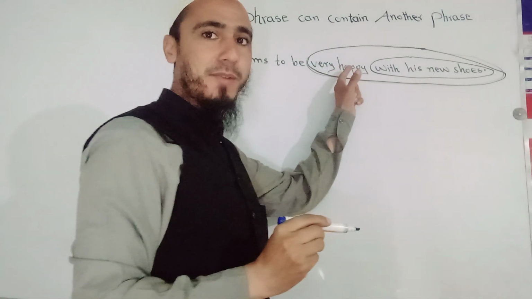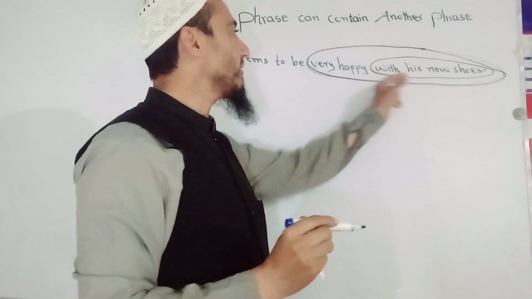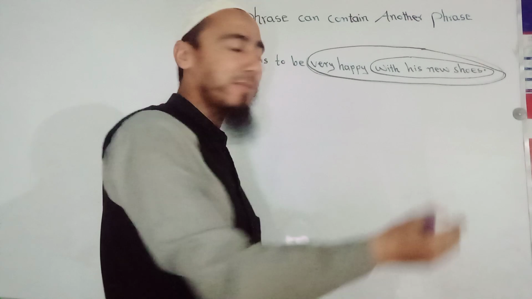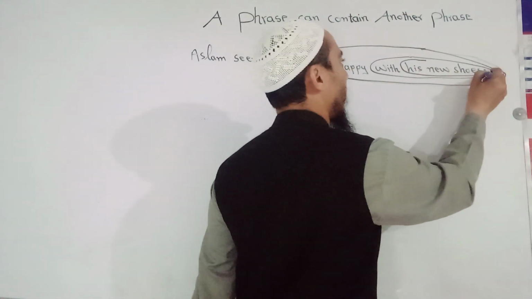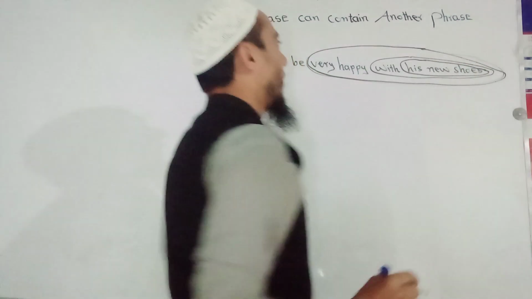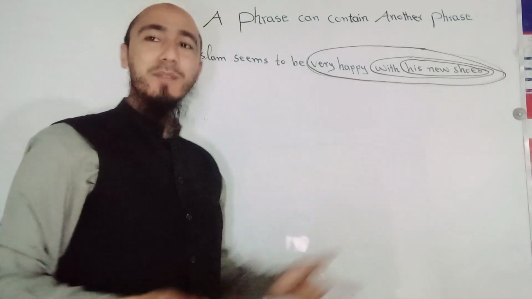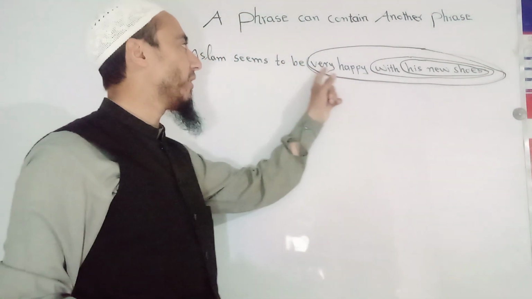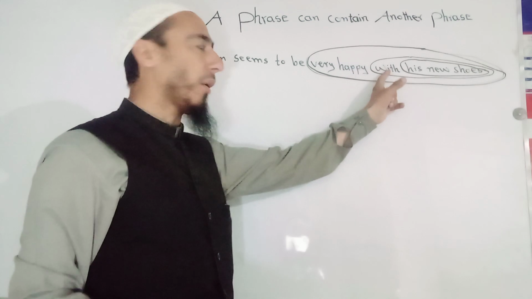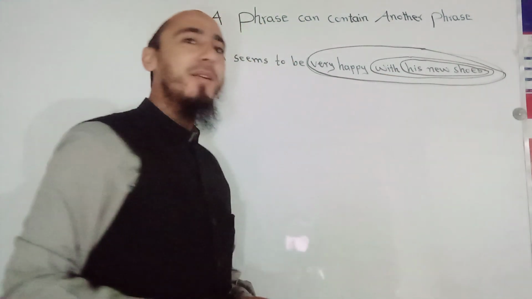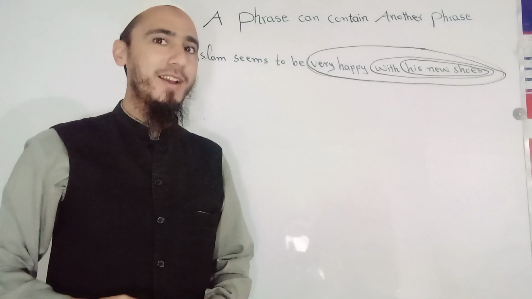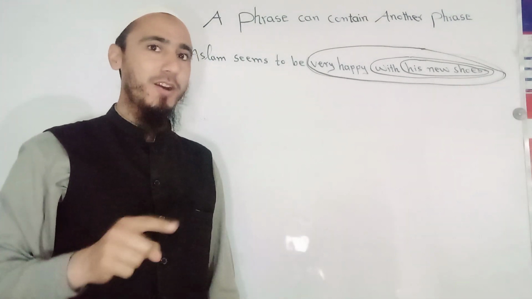Very happy is one phrase, and then with his new shoes is another phrase, and then with is another phrase. So how many phrases are there? Three phrases. Very happy, one phrase. With is another phrase, and his new shoes is another phrase. So I hope that this topic is clear to you.